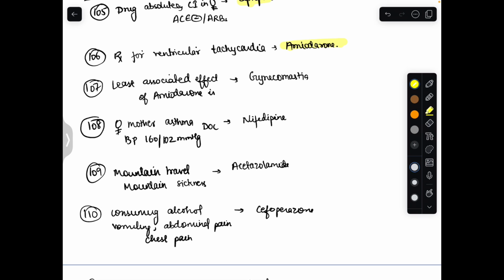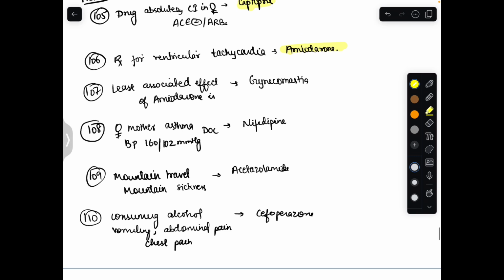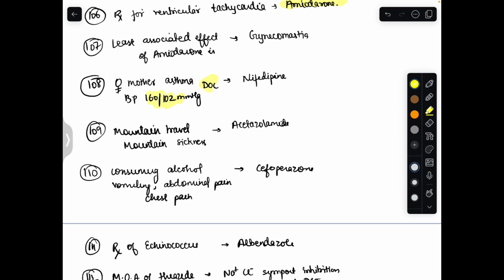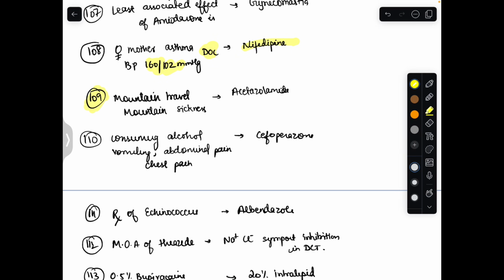Now, pregnant female with asthma and blood pressure was very high. So for her the drug of choice is nifedipine.